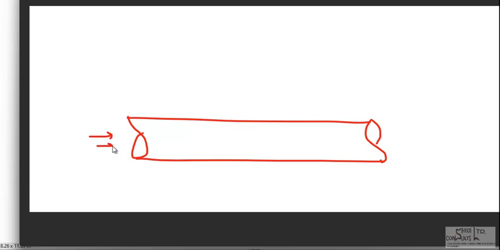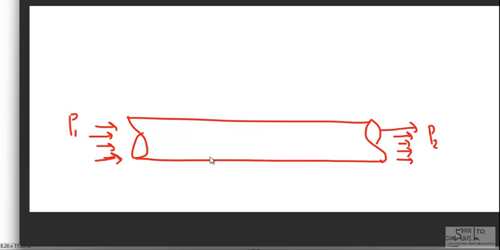The fluid is flowing in this direction, assuming the profile is steady throughout the vertical cross section of the closed system, in this instance a pipe, and the fluid exits at a different pressure. So that's P1 and this is P2.